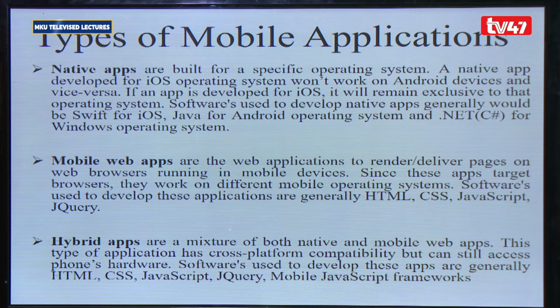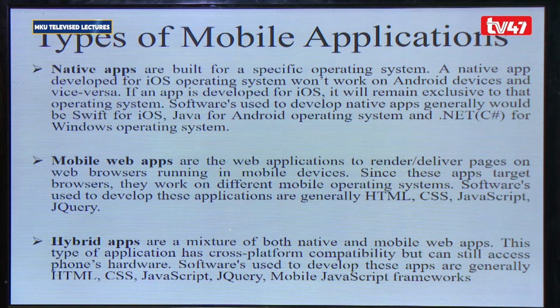So when you talk about maybe you're working on iOS, that's for the Mac or the Macintosh. The mobile web app can be used in both the Android and the iOS, right?